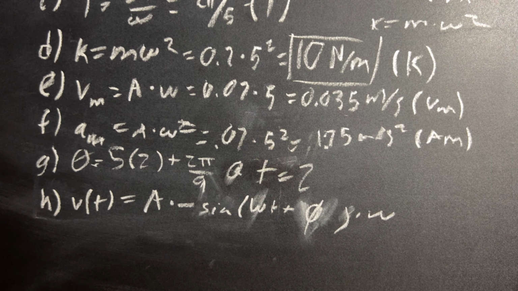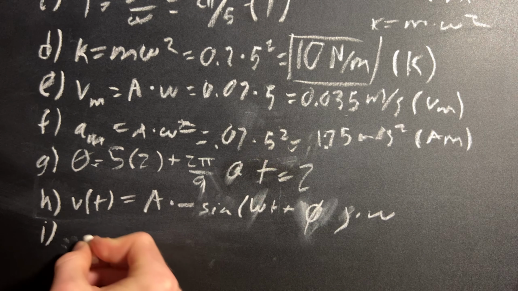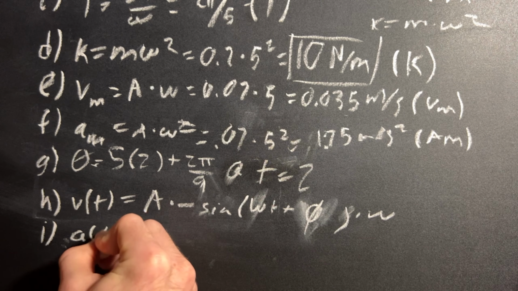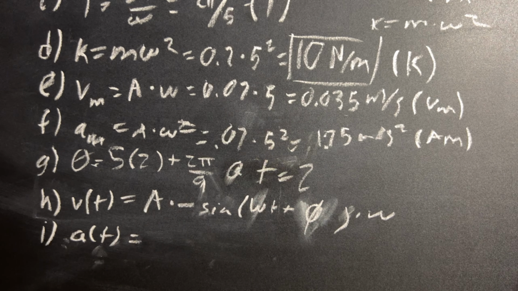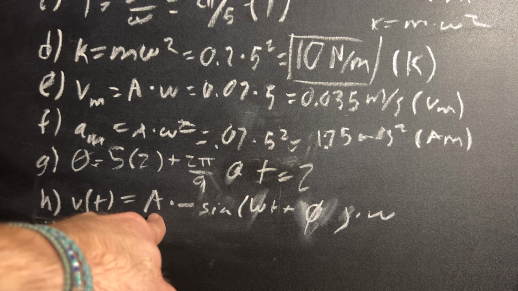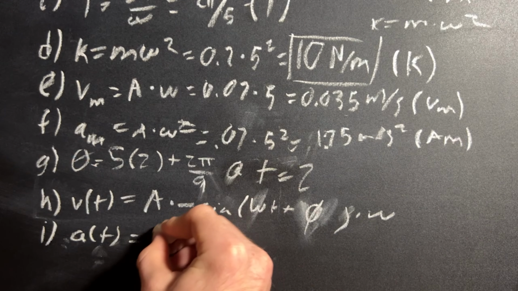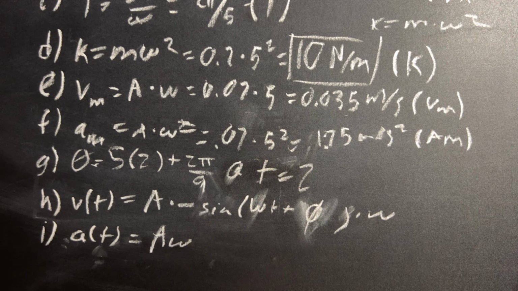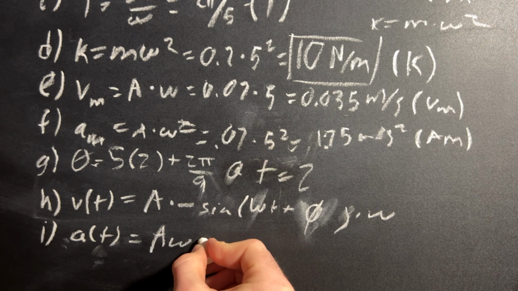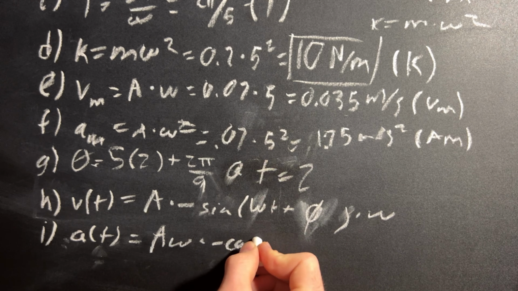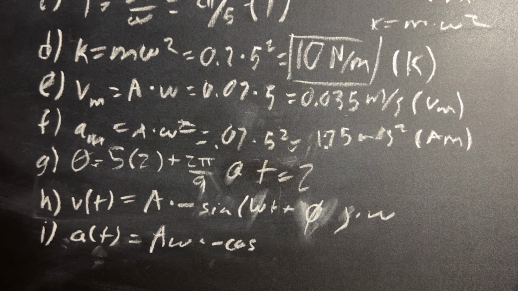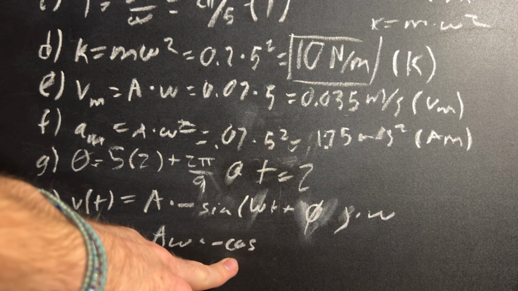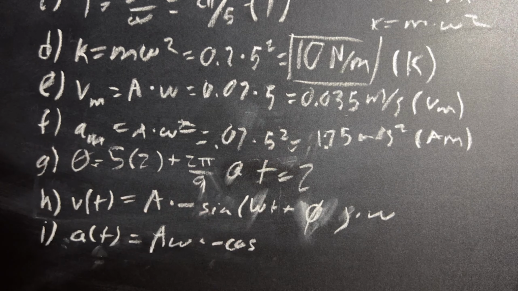And finally, last but not least, let's say we want to find the acceleration. Well, all you have to do is take the derivative of velocity. So for I, your acceleration is simply going to be A omega times negative cosine, because the derivative of sine is cosine.